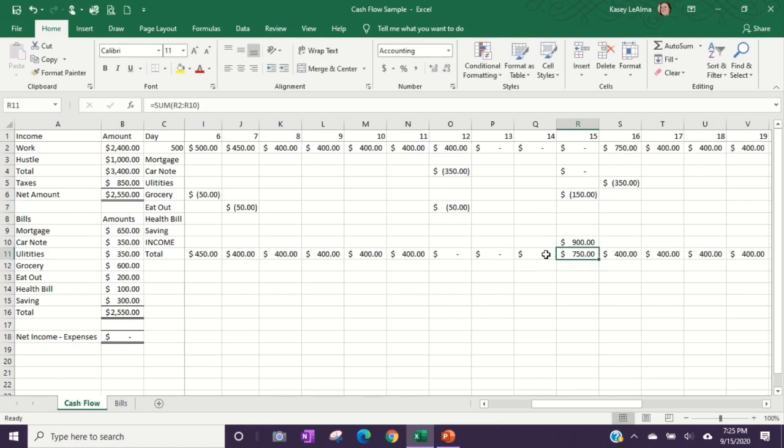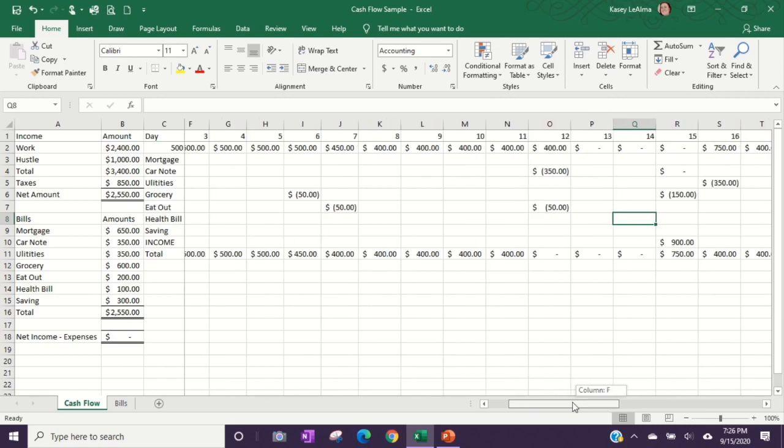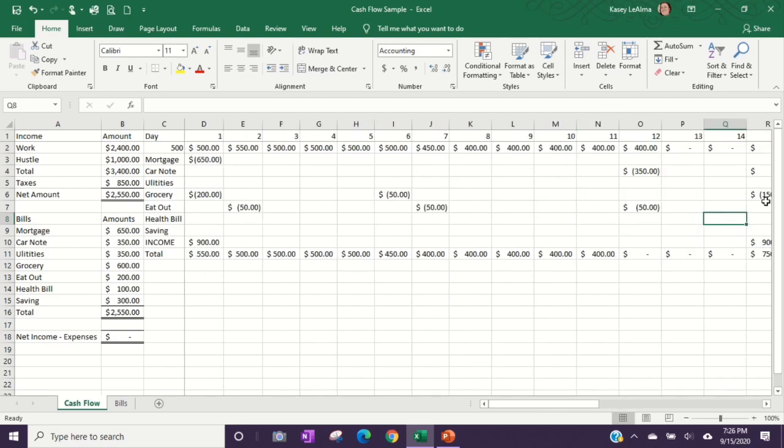So she's still at zero here and she wants to be careful and not spend any more money. But she can now see in the future that, okay, I need to make my groceries last until I get paid again.